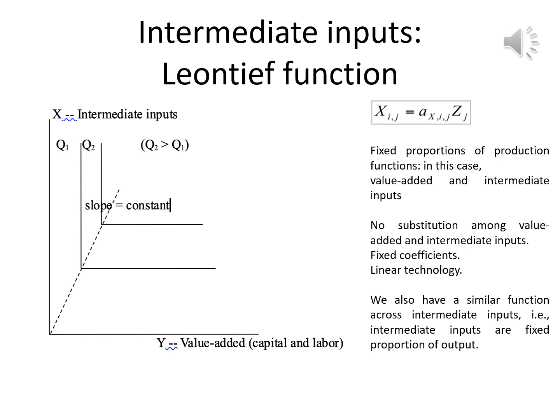So axij, for example, means the intermediate input requirement. I and j are the industries, so axij means the intermediate input requirement coefficient for the sector i for intermediate input used from sector j. Okay, so this is important for us.